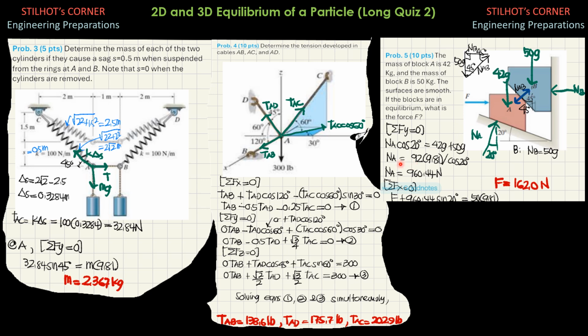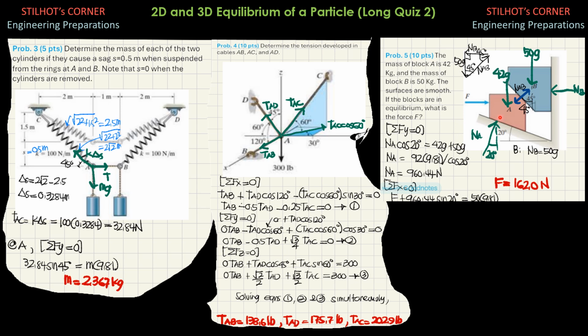So solving for NA, 42 plus 50 is 92G divided by cosine 20 degrees, so 960.44 newtons. Finally, summation forces X equals 0. So F plus NA sine 20 degrees, 960.44 times sine 20 degrees, is equal to NB, which is 50 times G, 9.81. So F is 162.0 newtons.